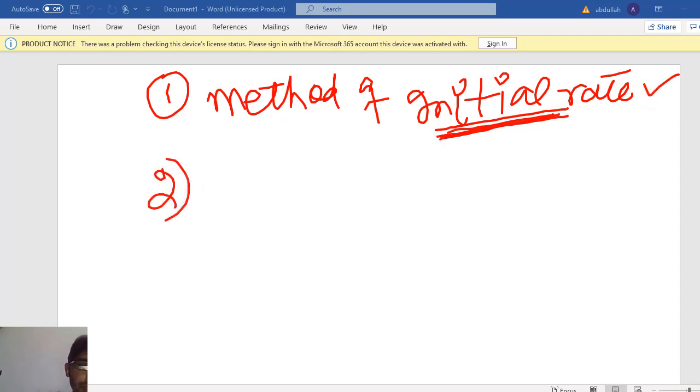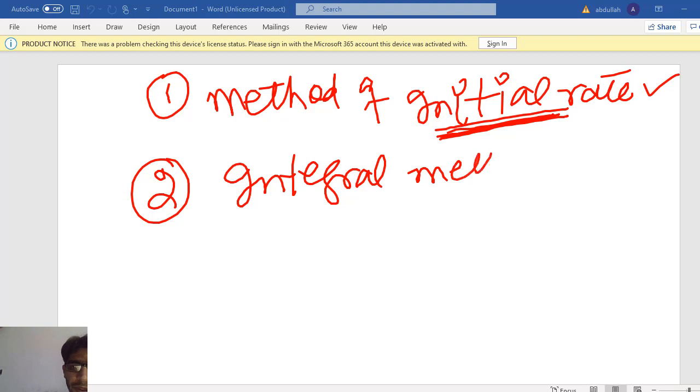Similarly, another method is called the integral method. Here we use the integrated rate laws of zero order, first order, second order and third order reactions to obtain the order of reaction, rate constant, and overall order of reaction.